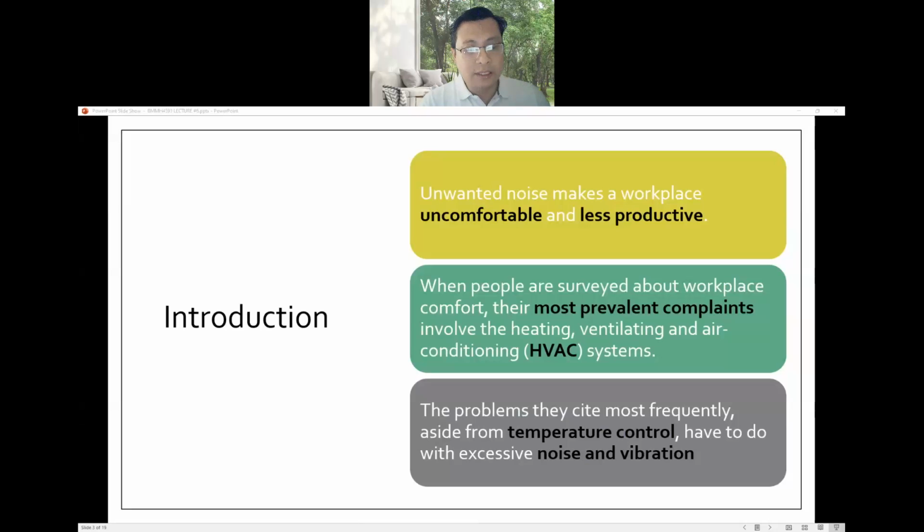As we know, noise can also convert into heat, and also make the air conditioning system uncomfortable.